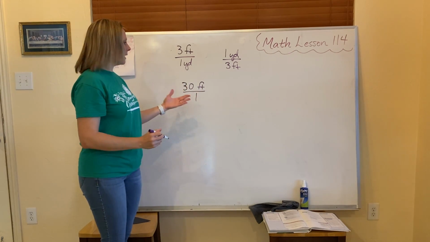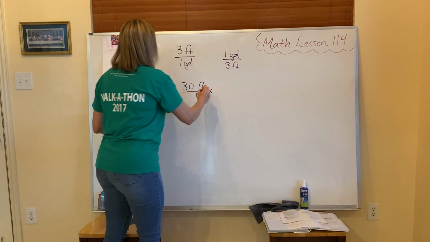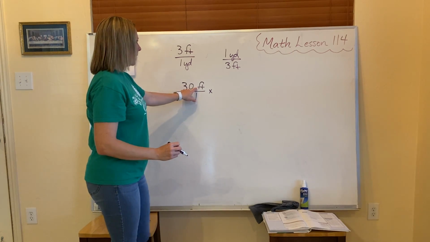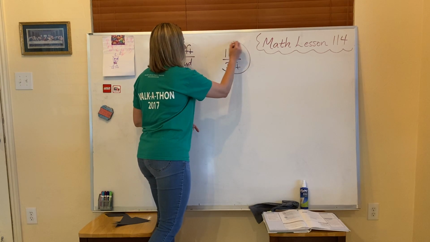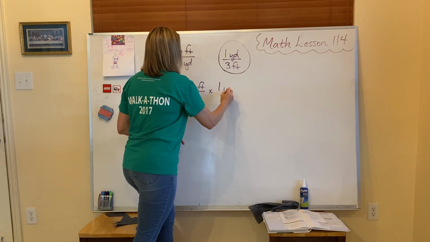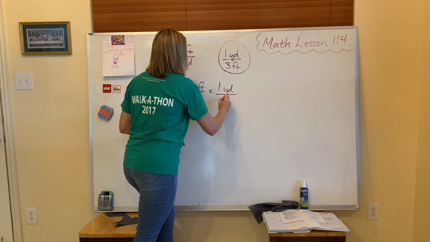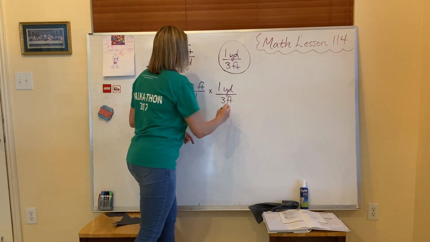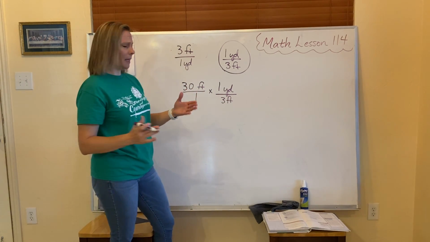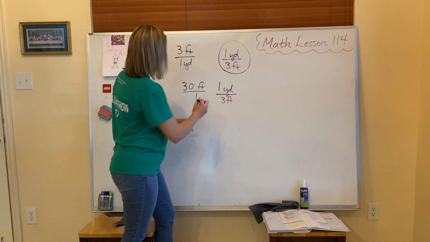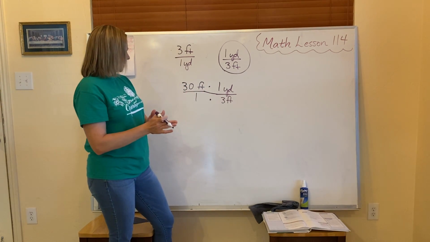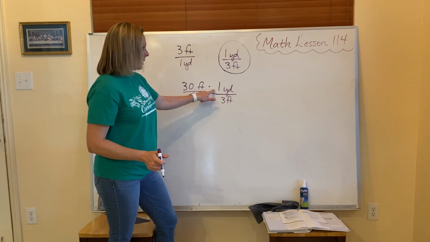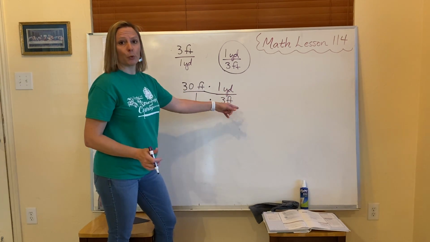So we're going to multiply 30 feet times the unit multiplier with feet on the bottom and yards on top, which is this one. Now remember, when we're multiplying, we can get rid of this fraction bar and put a multiplication sign between them, right? So we have 30 feet times 1 yard over 1 times 3 feet.